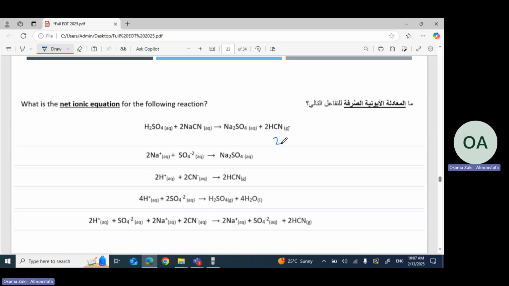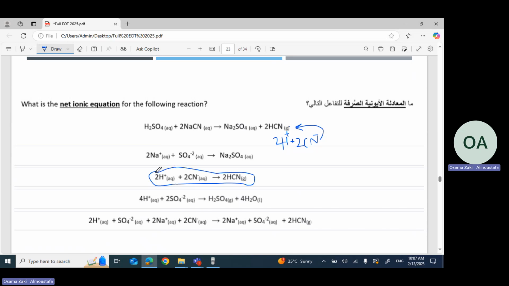We have 2H plus 2CN. Okay. To produce what? To produce this. This is plus and this is minus. So where's the correct answer? This is the correct answer.